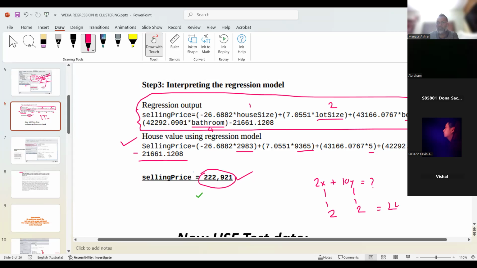Out of 24, in fact, 20 is coming from the y component, and only 4 is coming from the x component. Then which variable is giving more value in the overall result? Of course, y. Are you following?